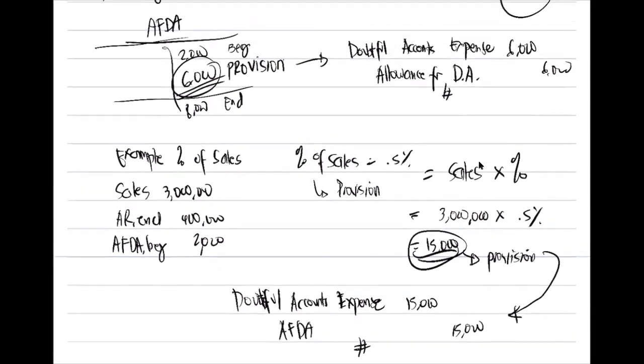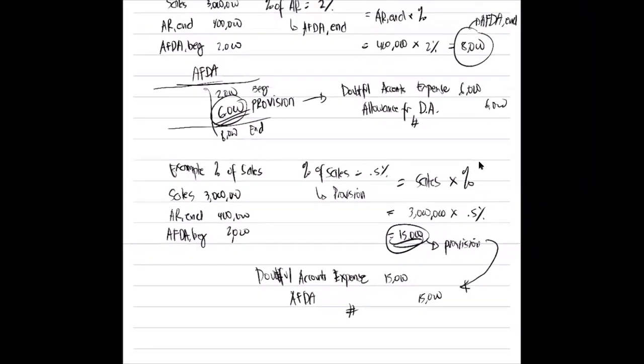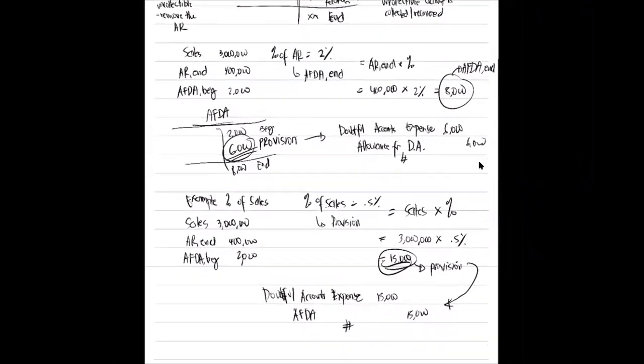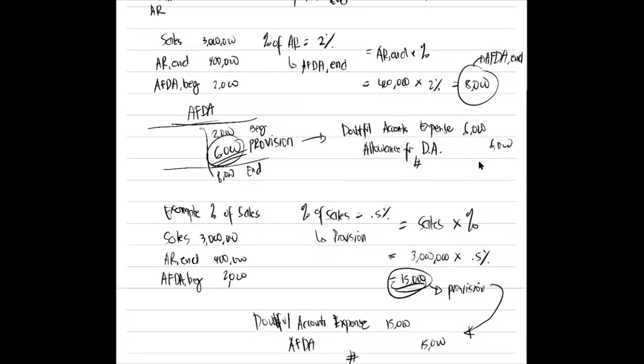Ayan. Okay? So, napansin niyo dun sa ating percentage of AR, dito sa example na to, ito yung example 1 natin, di ba? Ito yung example 2. Dun sa example 1 natin, percentage of AR, tama? So, kung ano yung makukuha natin yun, dun yung ending niya. So, nilagay natin siya sa end. Nag-compute tayo ng provision. So, parang 2-step siya. Ending mo na, tapos provision.